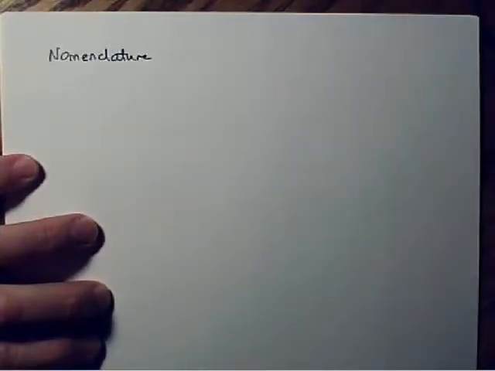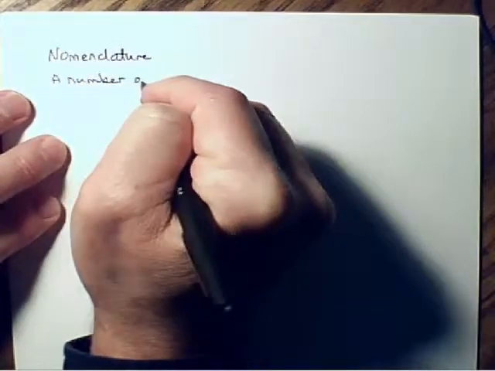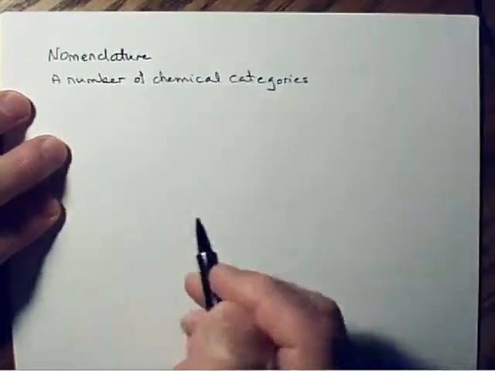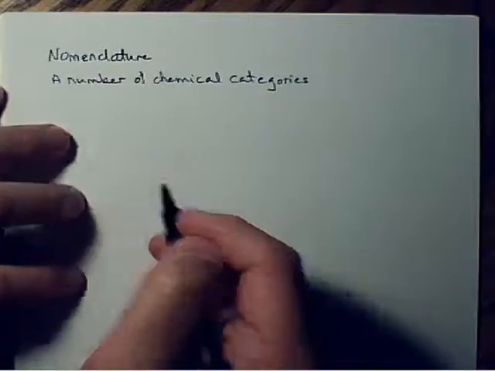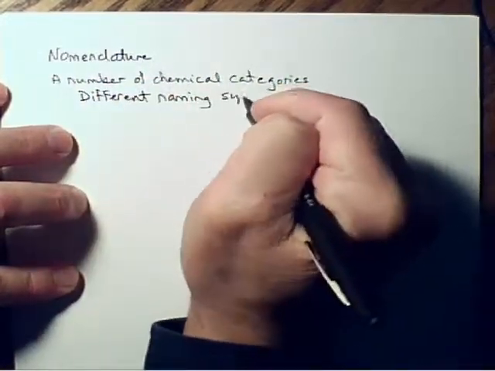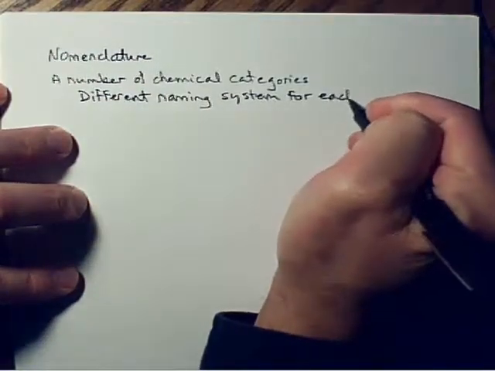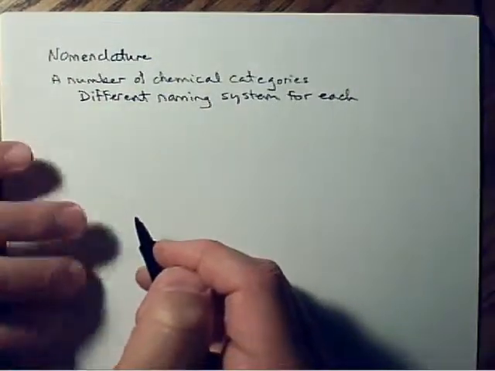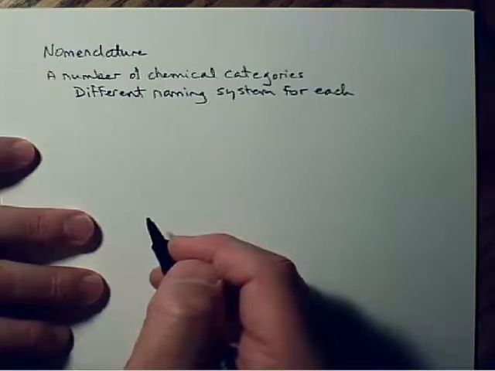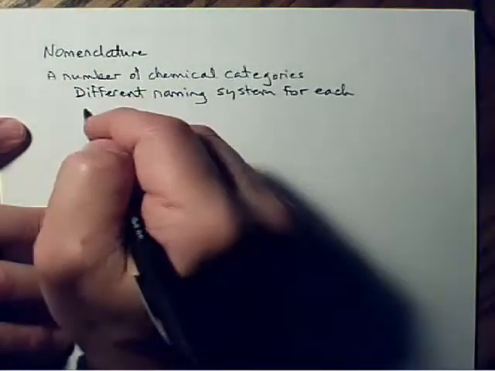There are a number of different categories in this naming system for chemistry, and all of the categories have a different naming system. There are some similarities, but there are some differences for each one. So the first thing you've got to be able to do is to recognize the category.